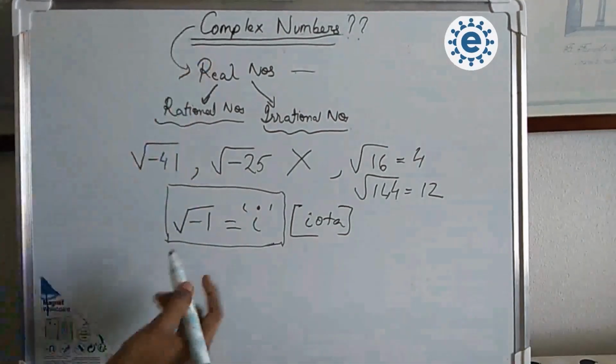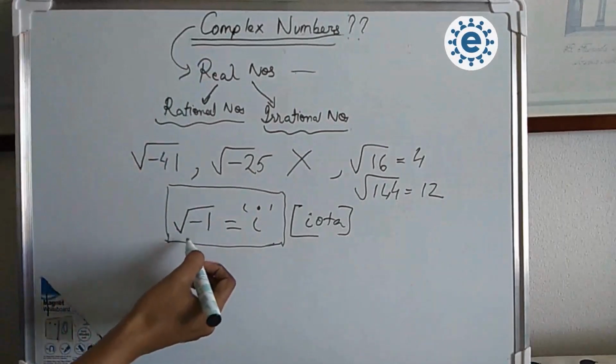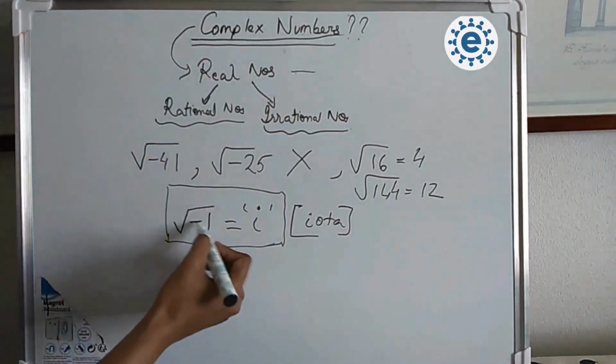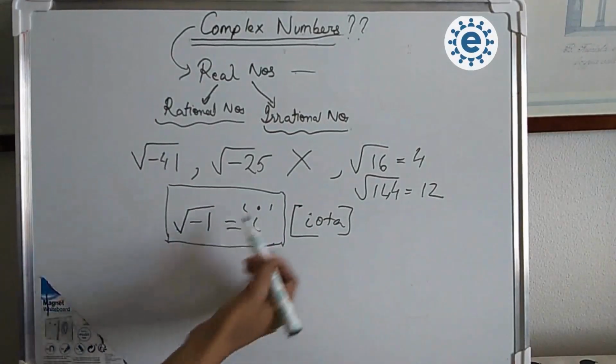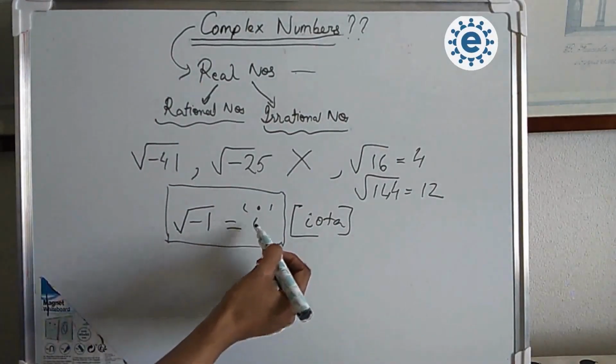Everything will start from this particular definition, which is square root of -1 is equal to I, an imaginary number, not a real number.